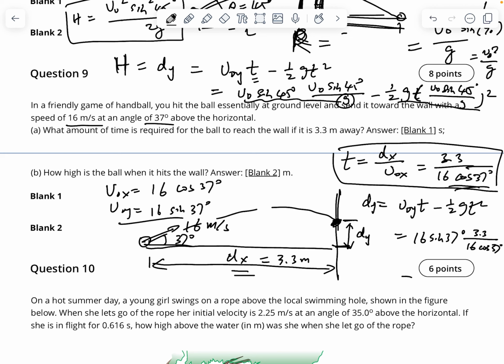Minus half times 9.81 times the square of 3.3 over 16 cosine 37. Okay, so just calculate this. That is how high the ball is when you hit the wall. Okay, so that's number 9.